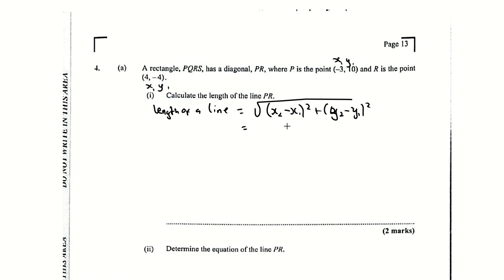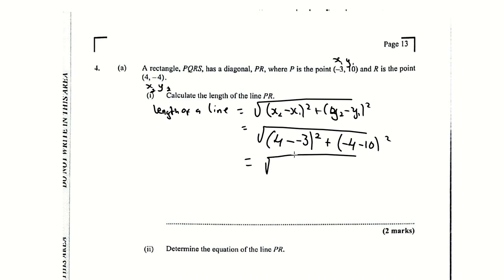So x2 is 4 minus 3 squared plus y, which is negative 4 minus 10 all squared, equals the square root of 4 plus 3, which is 7, 7 squared plus negative 4 minus 10, which is negative 14 squared, which equals the square root of 49 plus 14 squared, and negative 14 squared is 196.